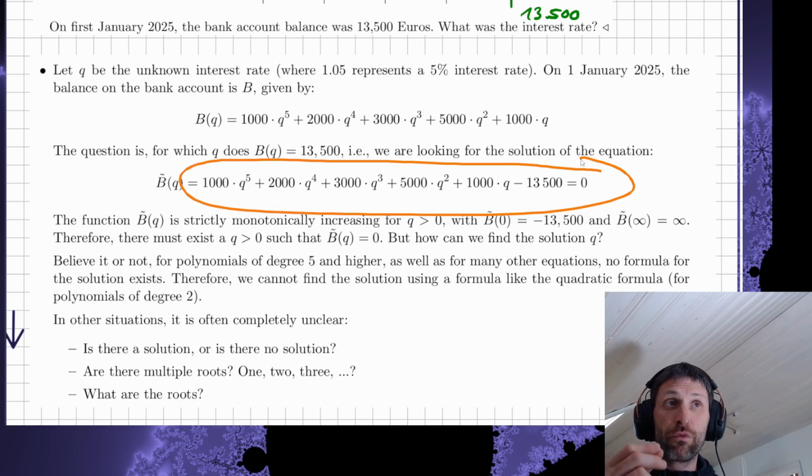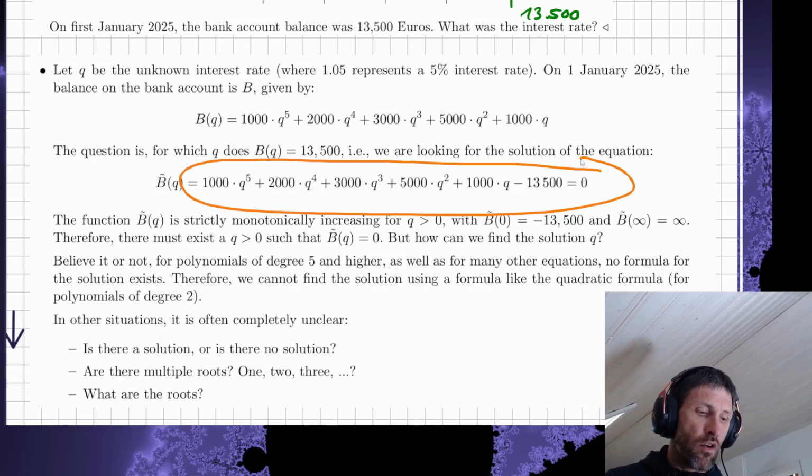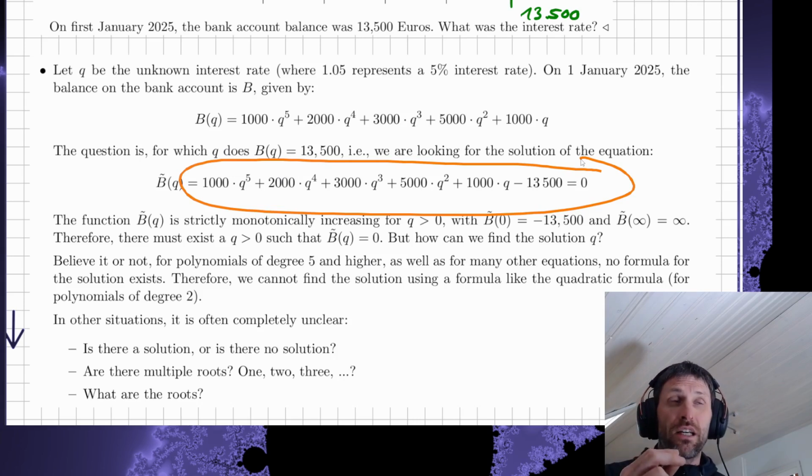For degree 3, there's also a formula. It's a little more complicated than the degree 2 formula. There's also a formula for degree 4, but there's no formula for degree 5. And for 6 also there's no formula. There is no formula and there will never be one.